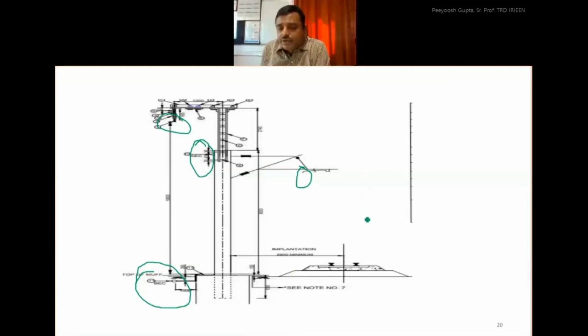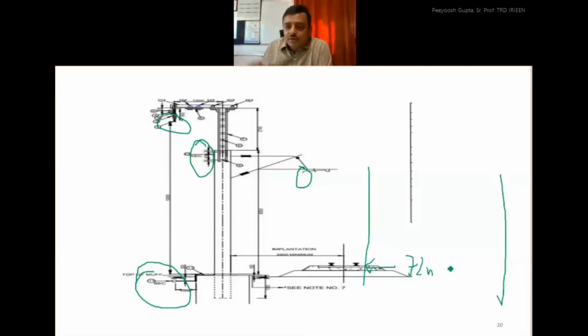What is our problem? The existing OHE span is 72 meter, and fundamentally we know that this span is a multiple of 9 or 4.5 meter. So what we are going to do, we are going to change our OHE to new feeder mast. New feeder mast means 4.5.